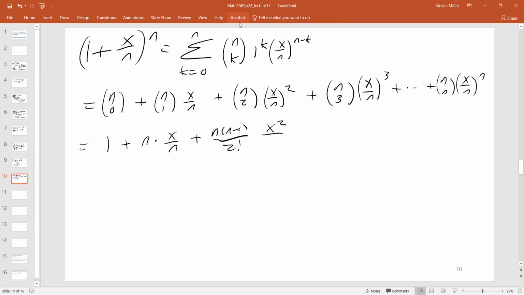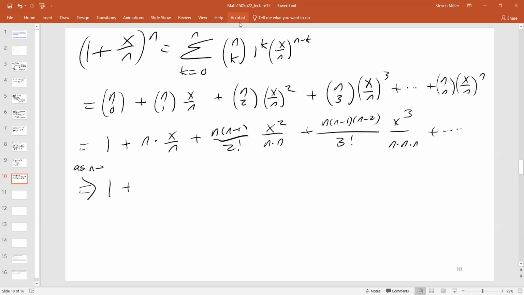I'm going to write this as x squared over n times n. The next one is n times n minus 1, n minus 2 over 3 factorial, x cubed over n times n times n, and so on and so on. All right.